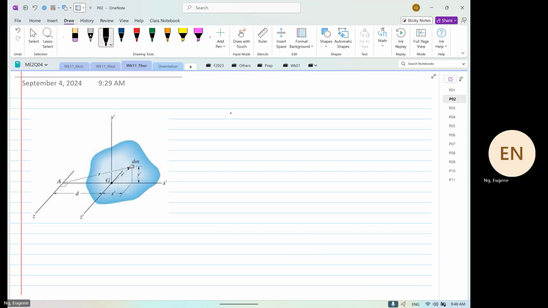again, is the center of gravity. And then if we were to look at the I, right?